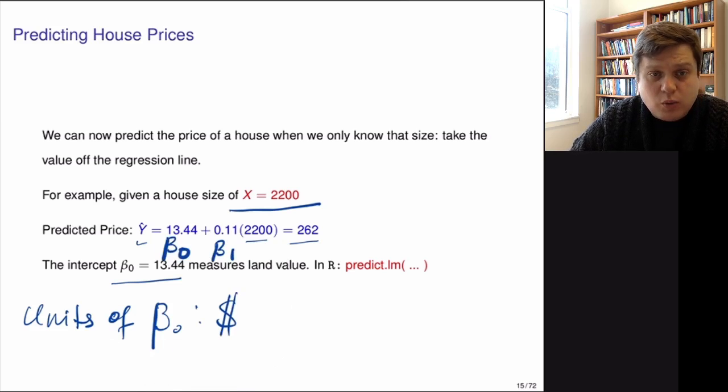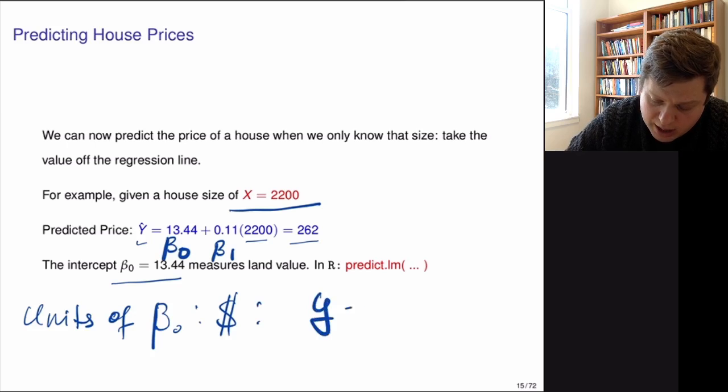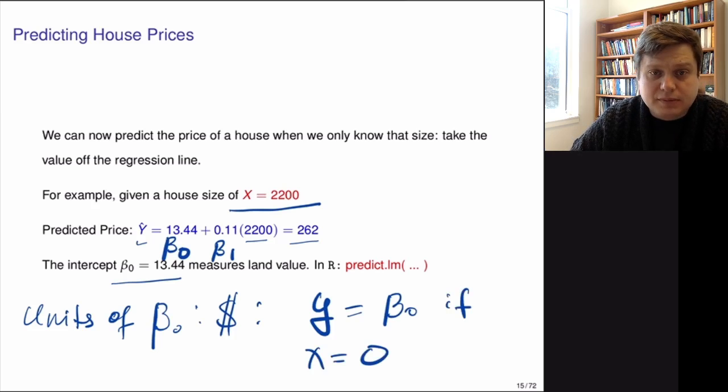And the way you interpret this is you basically say y equals beta 0 if x equals 0. Let me say it in human words. If the area of the house is 0, meaning that there is no house on the property, then the price of this property will be equal to beta 0.